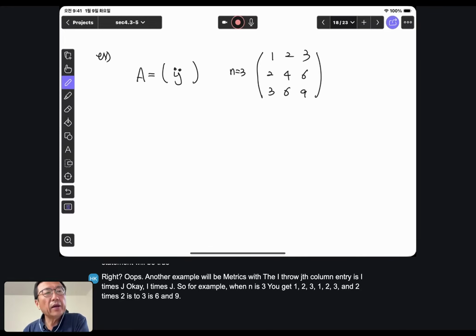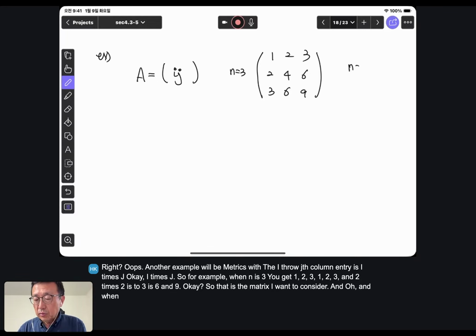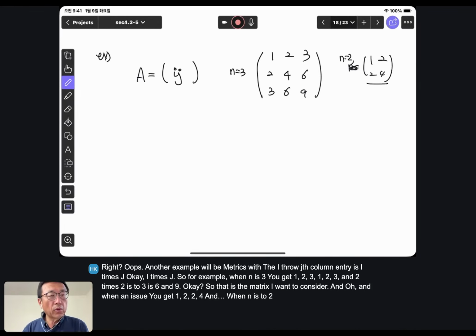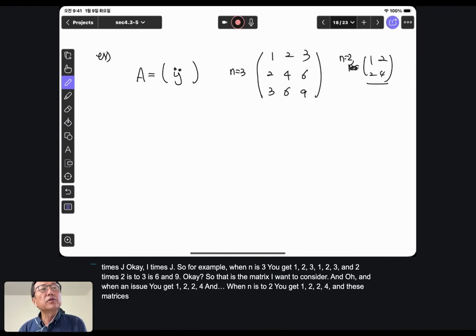Okay, so that is the matrix I want to consider. And when n is 2, you get 1, 2, 2, 4. And these matrices have 0 determinant.